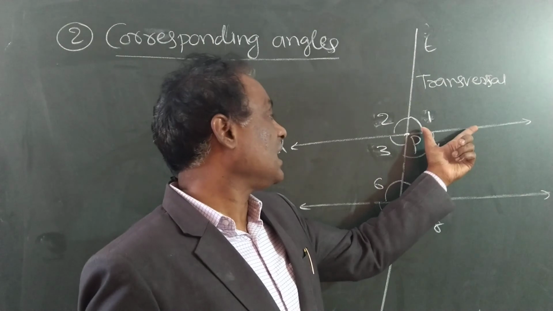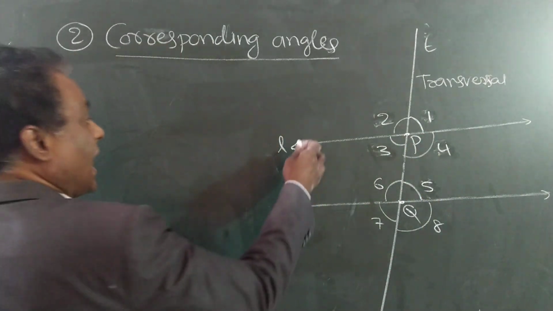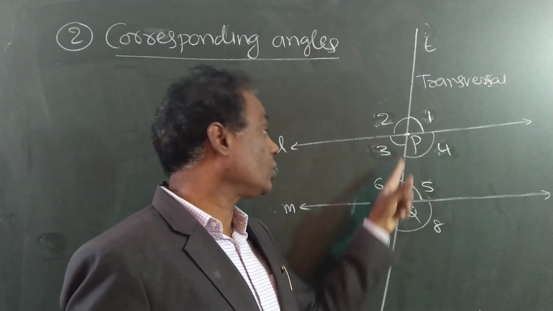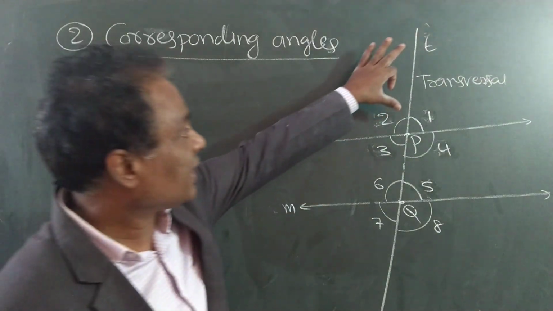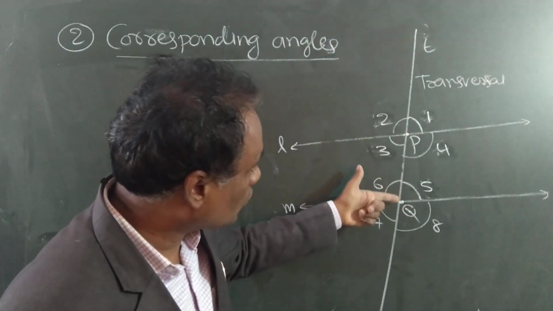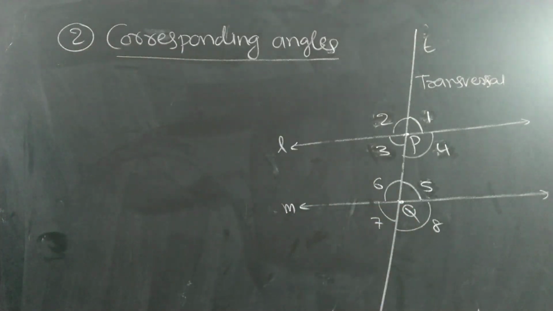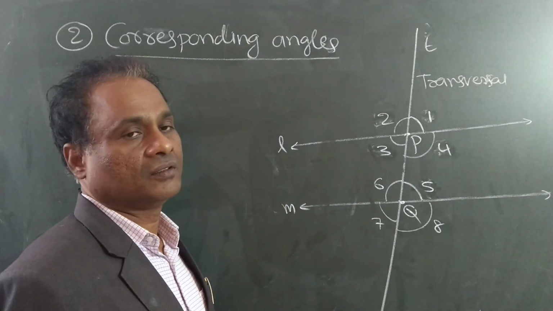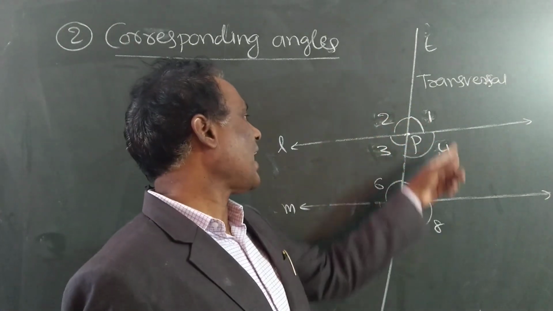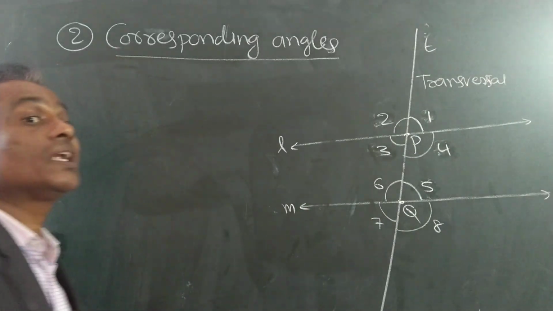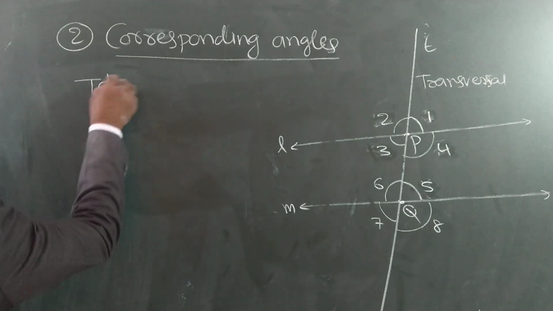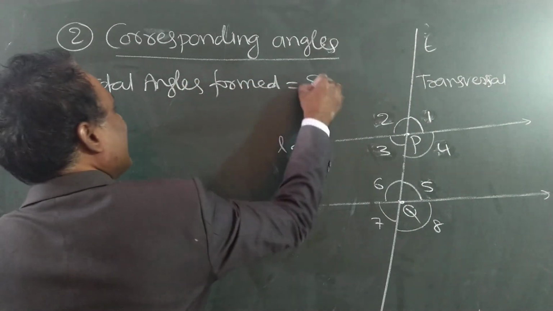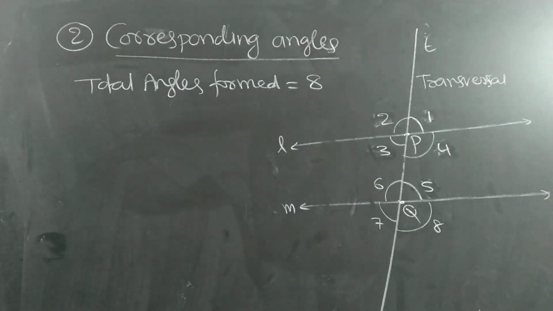If a transversal meets the two parallel lines at two different points, then the total number of angles formed is equal to 8.